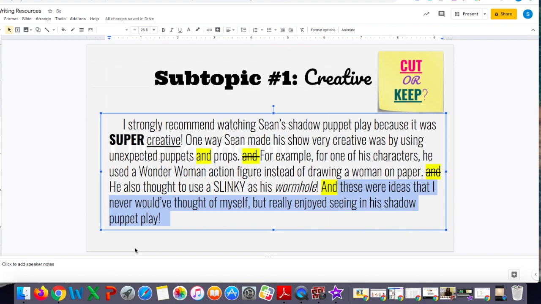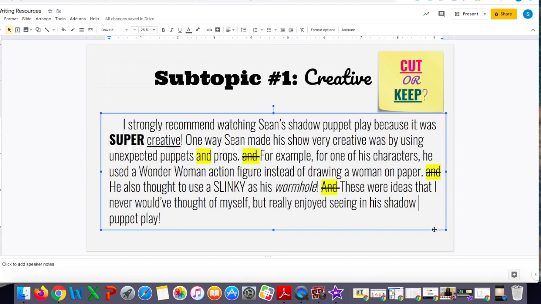These were ideas that I never would have thought of myself, but really enjoyed seeing in his shadow puppet play. That definitely makes sense when I take away the word and, so I'm going to cross it out, and then I need to highlight the T in the word these because now that is the beginning of my sentence.